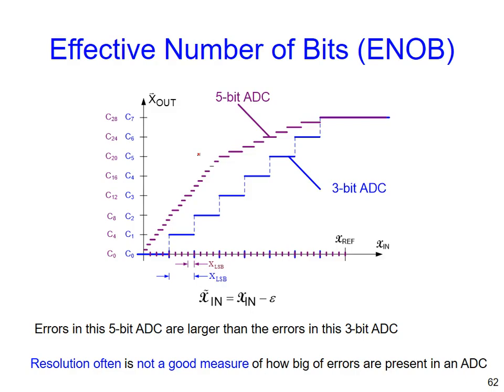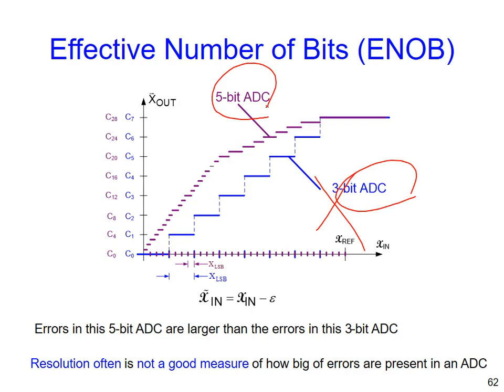So for example, hey, look. Somebody designed such kind of ADC. And the other guy said, hey, look, 3-bit, ridiculous. I would like to design an ADC with 5 bits. 5 bits sounds better than 3 bits, right?